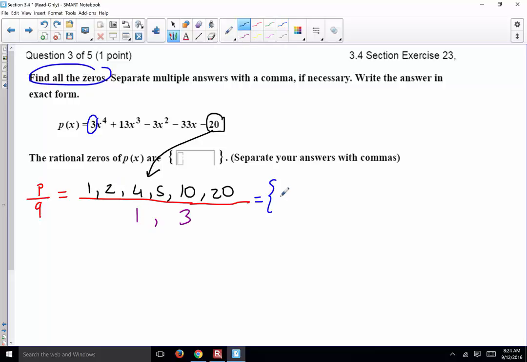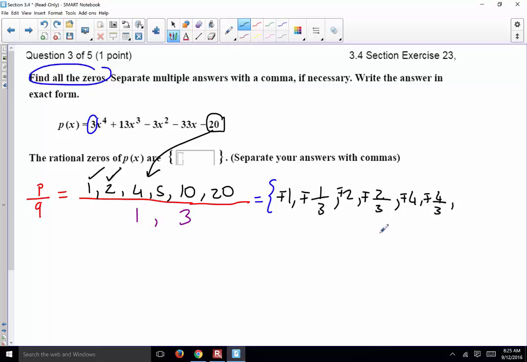1 over 1, plus minus 1. 1 over 3, plus minus 3, 1/3. 2 over 1, 2. 2 over 3, plus minus 2/3. Oh my god, I have already 8 so far, and I'm not done with these two yet. 4 over 1, 4/3.